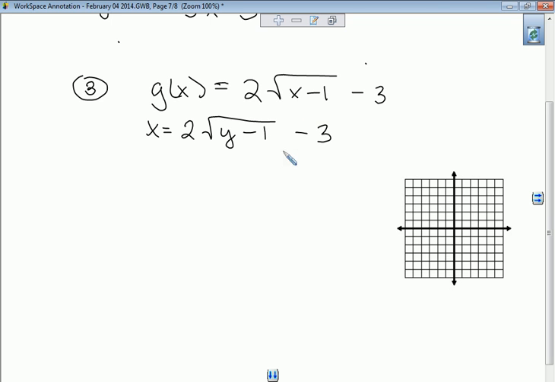The negative 3. Okay, let's move the negative 3. Then what do I need to do? Divide both sides by 2. Great. Square both sides. I like it.